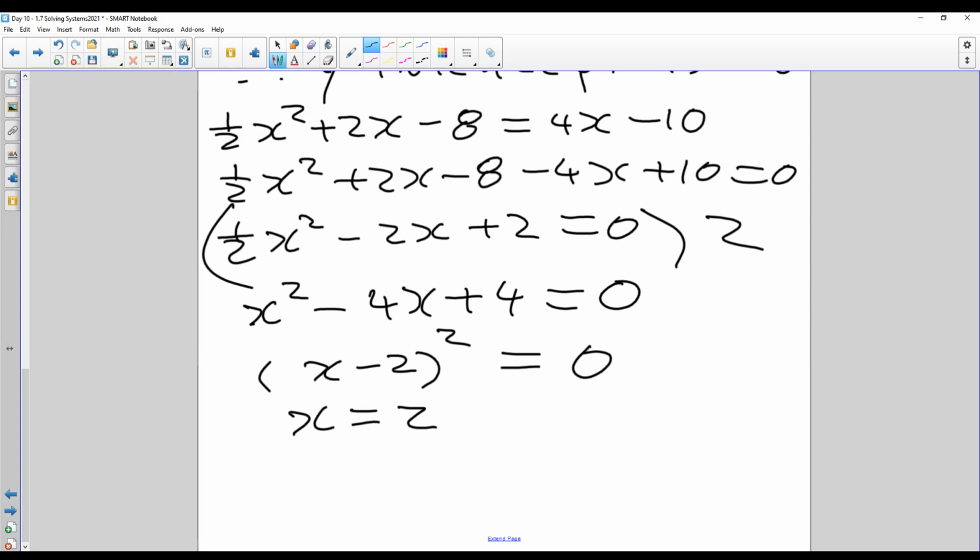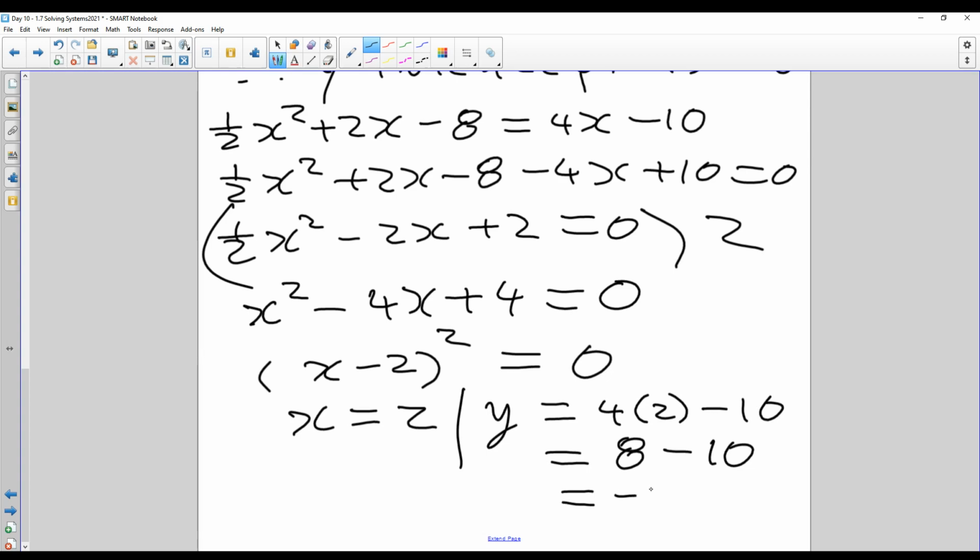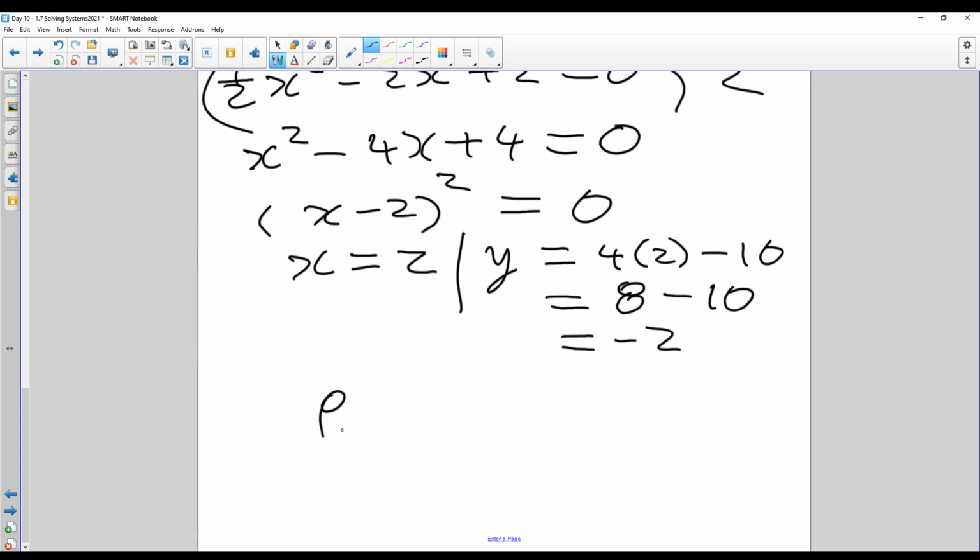We just need to get the y value now. The y is equal to 4 times 2 minus 10, so that's equal to 8 minus 10, which is equal to minus 2. So the POI is at 2, minus 2. Okay?